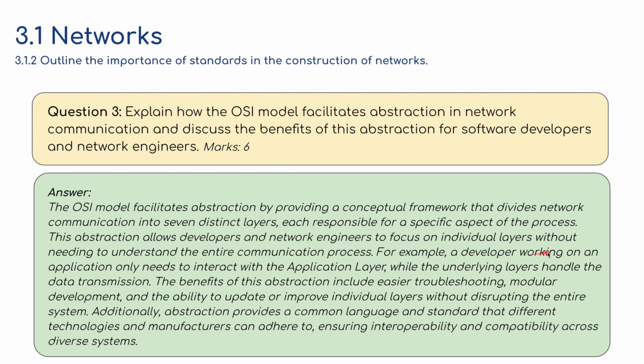For example, a developer working on an application only needs to interact with the application layer, while the underlying layers handle the data transmission. The benefits of this abstraction include easier troubleshooting, modular development, and the ability to update or improve individual layers without disrupting the entire system. Additionally, abstraction provides a common language and standard that different technologies and manufacturers can adhere to, ensuring interoperability and compatibility across diverse systems.